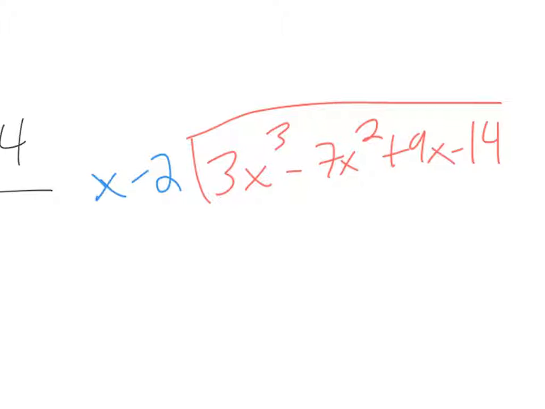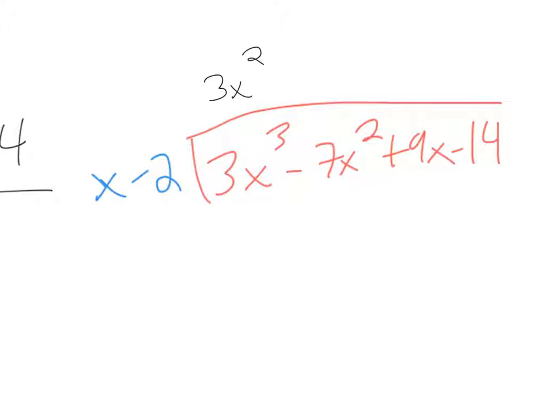Really what I'm concerned with is this leading term here and this leading term here. And I want to ask myself, how many times does x go into 3x cubed, or what times x makes 3x cubed? And the answer to that is just 3x squared.